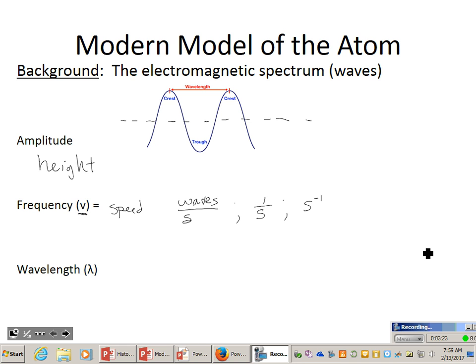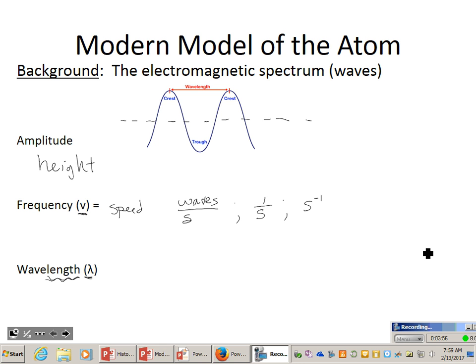Wavelength is indicated with this Greek letter lambda. It kind of looks like an upside down Y. And of course, it is a length, right? So what unit do you think that length is measured in? The SI unit for length is?